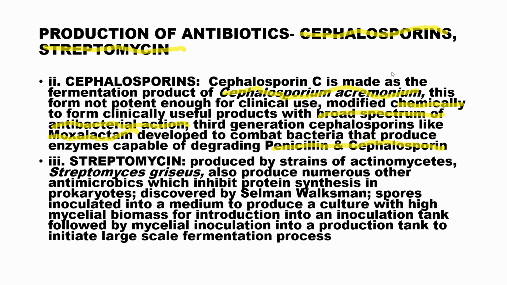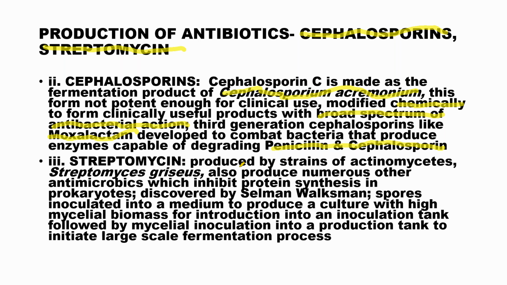So the third generation cephalosporin, for example moxalactam, has the ability to act even against antibiotic resistant bacteria which have the power to degrade penicillin and cephalosporin. Clear about cephalosporins? The next category is streptomycin. Streptomycin is, like penicillin, one important antibiotic.